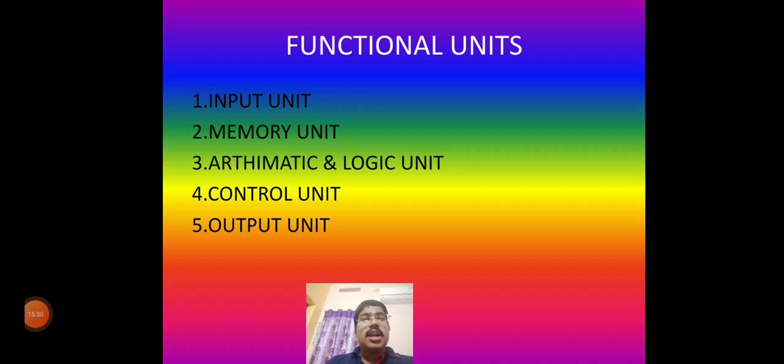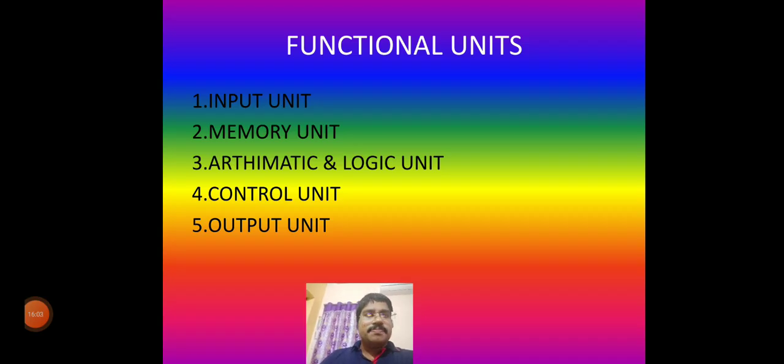Second one, output unit: the unit by using which we take the output is called an output unit. The best examples of output units are printer and monitor. A fax machine too. These are all output units where you can see or get the output.